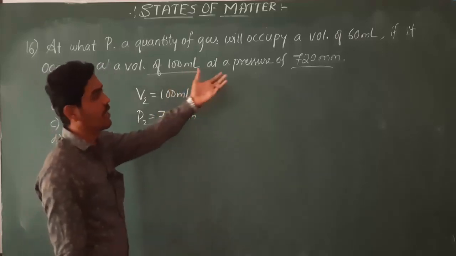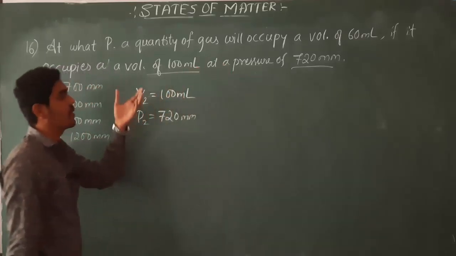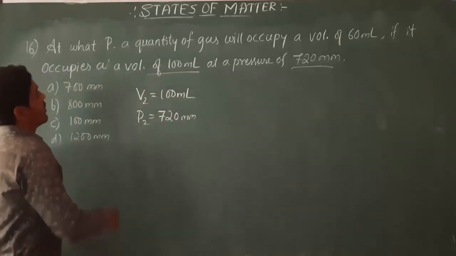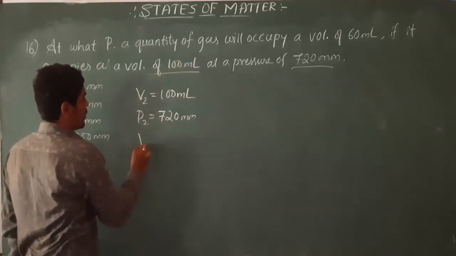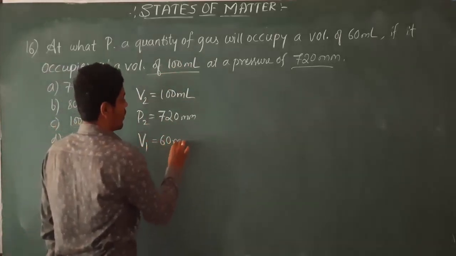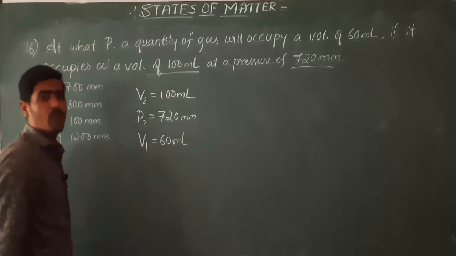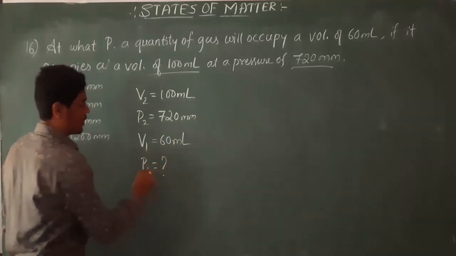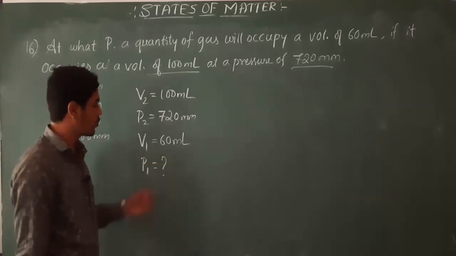Since they are the larger values, let us consider them as final volume and final pressure. And then the volume V1 is 60 ml. This much volume will occupy at what pressure? That is, P1 is equal to question mark.